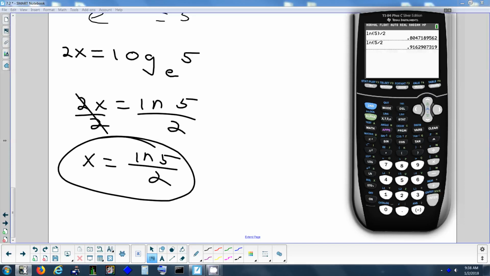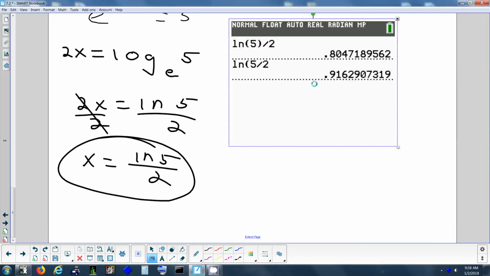The top one's taking the natural logarithm of 5 and dividing it by 2, and the bottom one is the natural logarithm of 5 divided by 2. Right.